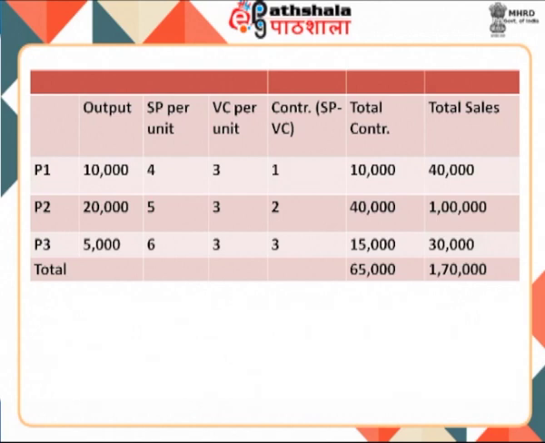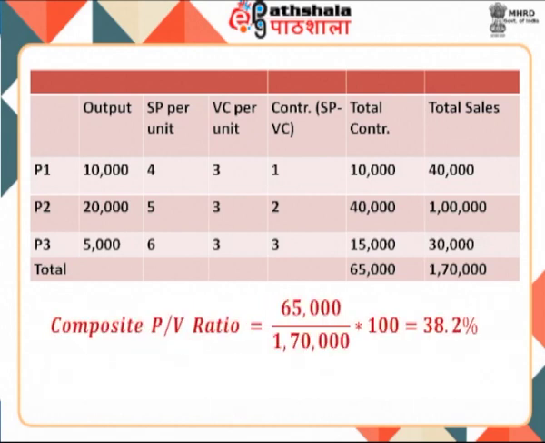Now, with this, we can arrive at the composite PV ratio, that is 65,000 divided by 1,70,000 multiplied by 100, which comes out to be 38.2%.